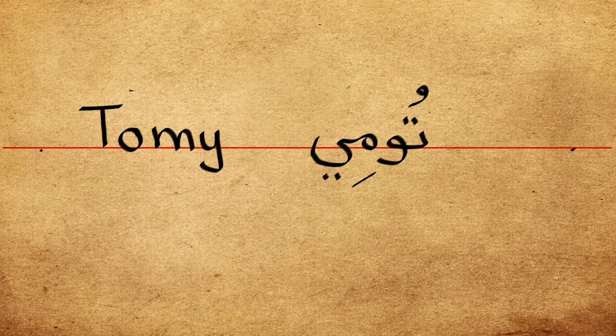This is Ta, Waw, Meme, and the final shape of the letter Ya. And now for the names of the girls, and the first one is Fiona.